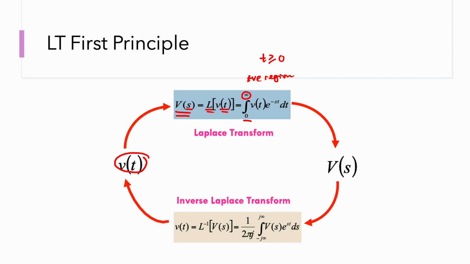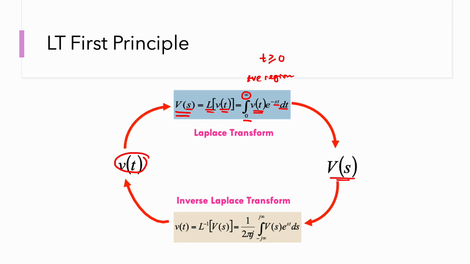Based on the equation, you need to multiply with exponential of negative st, dt. So this is how we convert from the time domain into the S domain, involving the integration from 0 to infinity, with the equation multiplied by e to the negative st, dt.